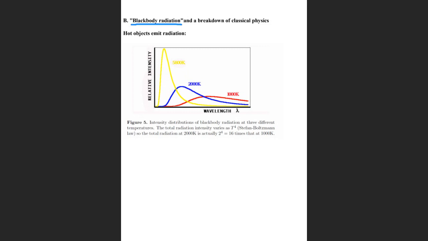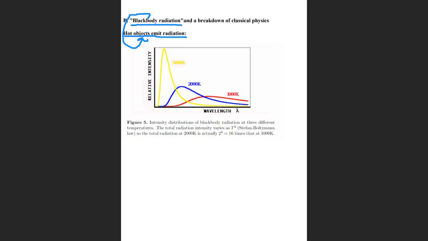Some of your links and perhaps some of the things you talked about in some of your physics classes discuss black body radiation. For our purposes, a black body is a mathematical doodad which has been invented by scientists to try to describe the fact that hot objects emit radiation.